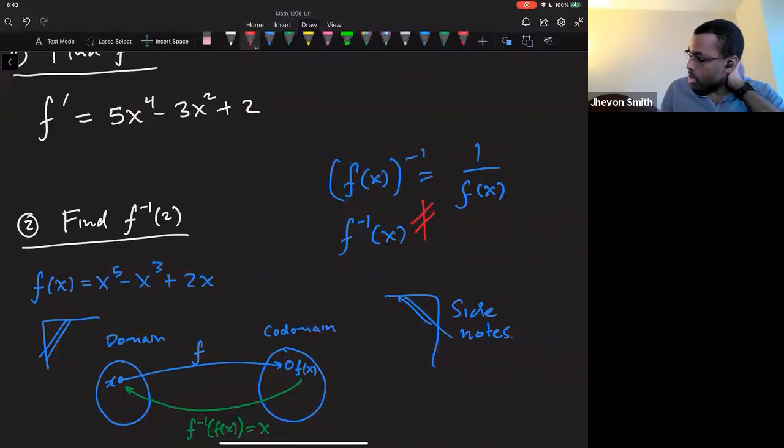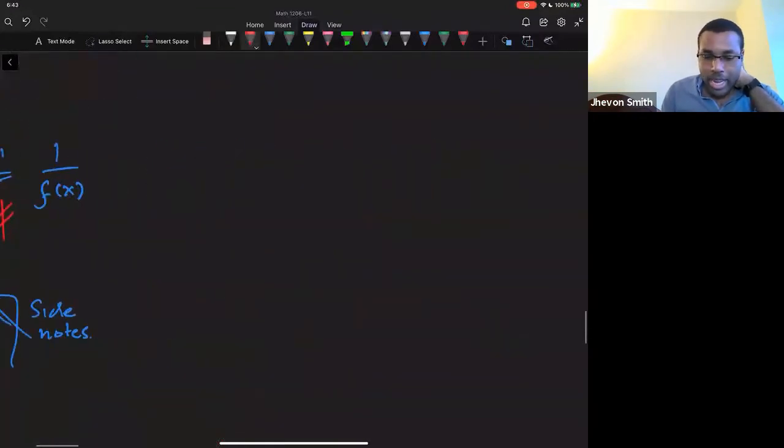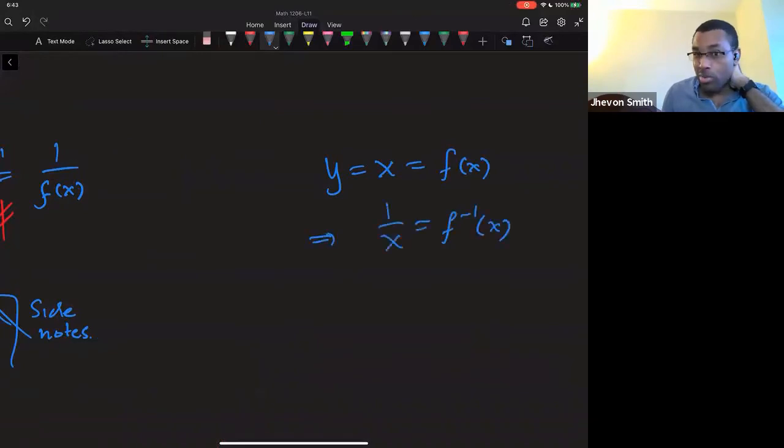Now, to be fair, the inverse notation does come from the fact that you could divide, because if you have y equals x as your f of x, it turns out that your f inverse in this specific case would just be 1 over x. And so that happens to be x to the minus 1. And so they're like, oh, let's just make it a minus 1. The inverse is like a reciprocal kind of thing.